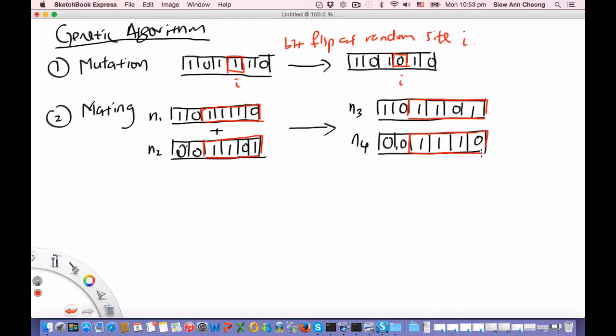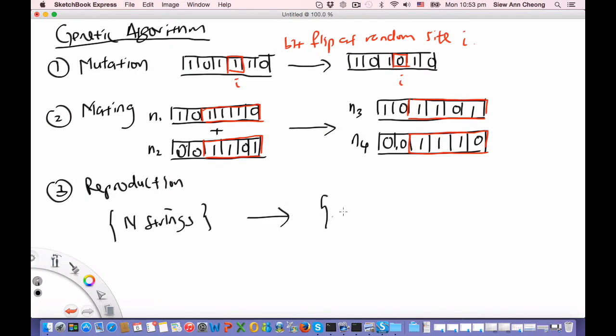This is mating. And then finally the third process is reproduction, where you start from N strings and you sample N new strings.